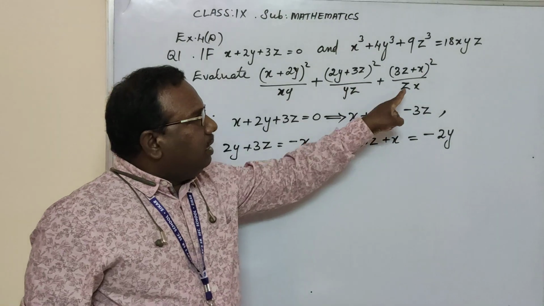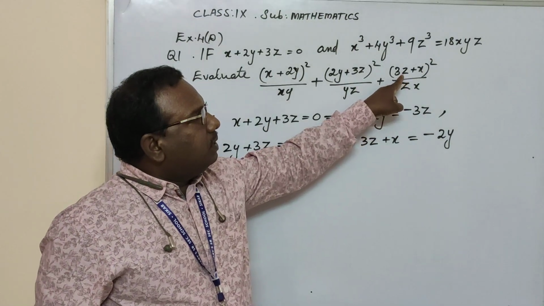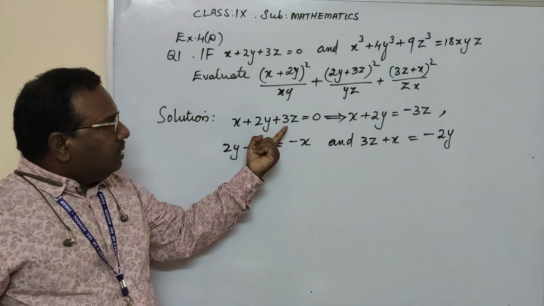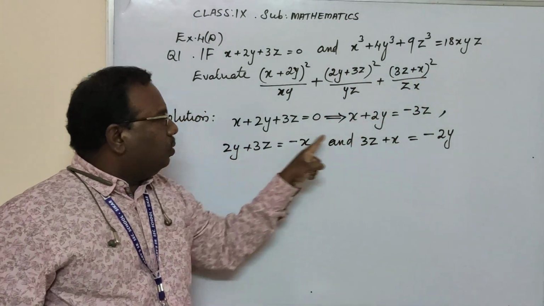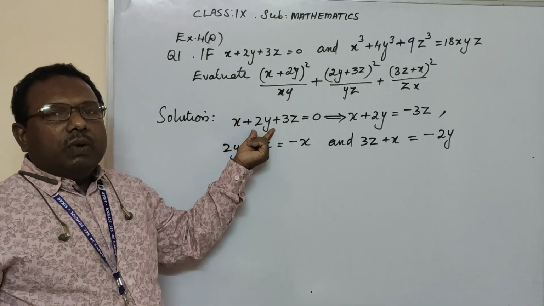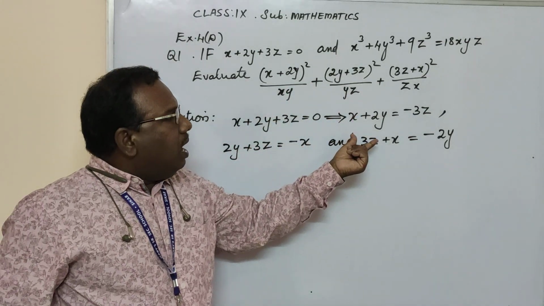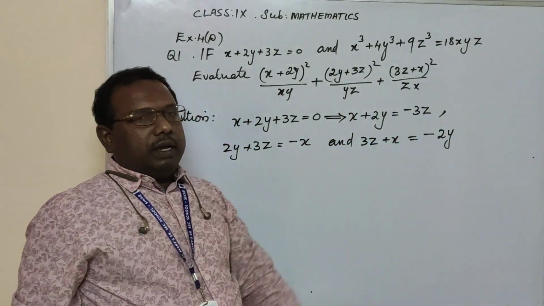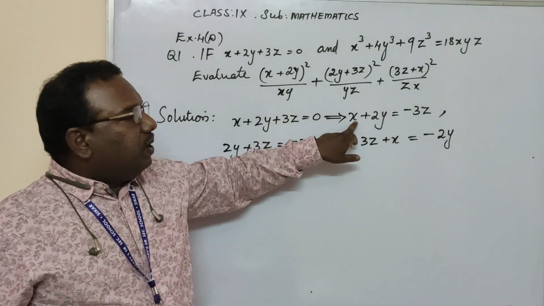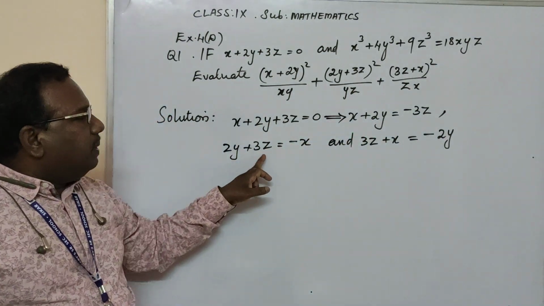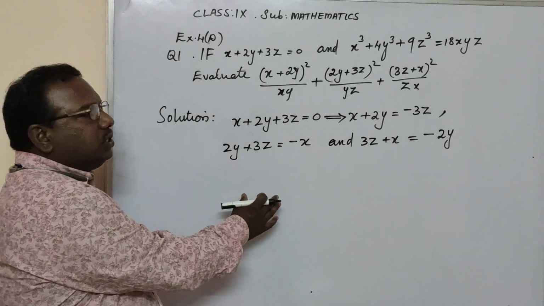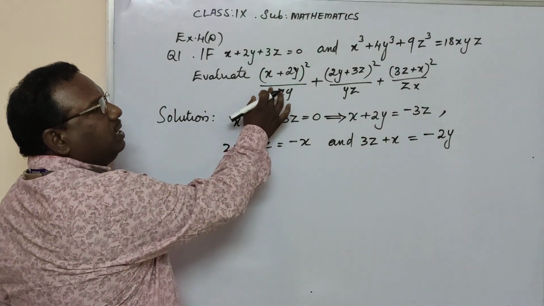And again, in the third term, the numerator is 3z plus x. So we can write 3z plus x is equal to minus 2y, since when this positive 2y is taken to RHS, it becomes minus 2y. First of all, we have to write the values of x plus 2y, 2y plus 3z, and 3z plus x. After writing this much, we have to evaluate this.